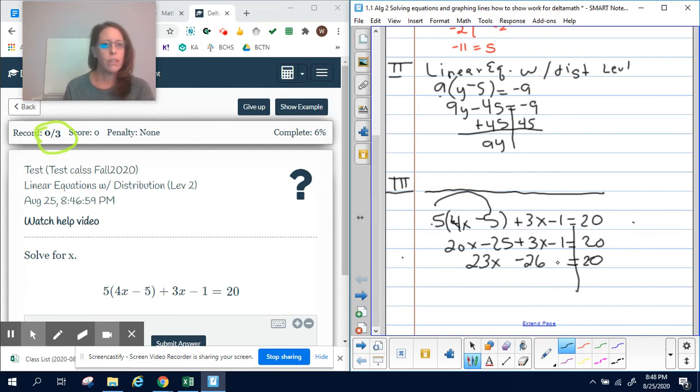Now I'm going to be doing inverse operations. Inverse of subtraction is adding. Adding 26 both sides. Now, not showing steps in this manner means that I'm not going to be giving you full credit.